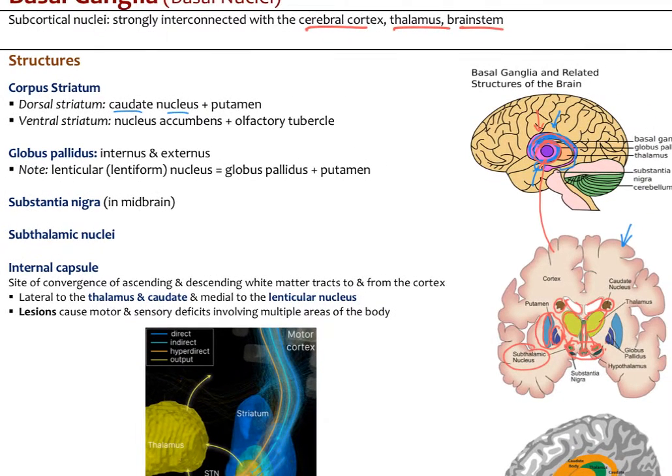But there's one final structure that's important to know, and that is coming down from the cortex. We have these neurons up here, let's say motor neurons, and we'll look at that shortly. They project their axons down, and they all go down. They're going to go into the brainstem via this pathway. So they're going to pass between the thalamus and the caudate and the putamen. So they're going to pass in between them. And this is called the internal capsule.